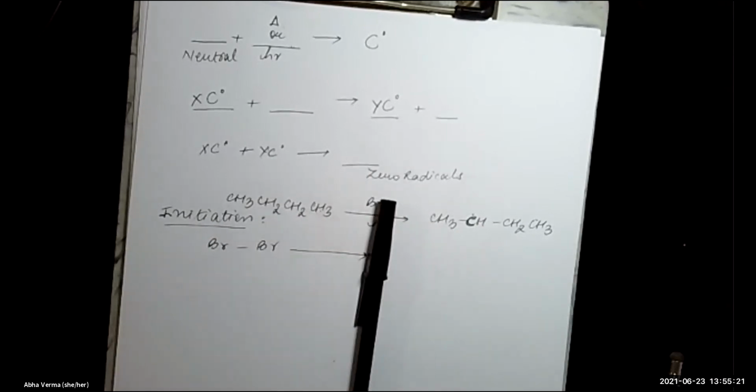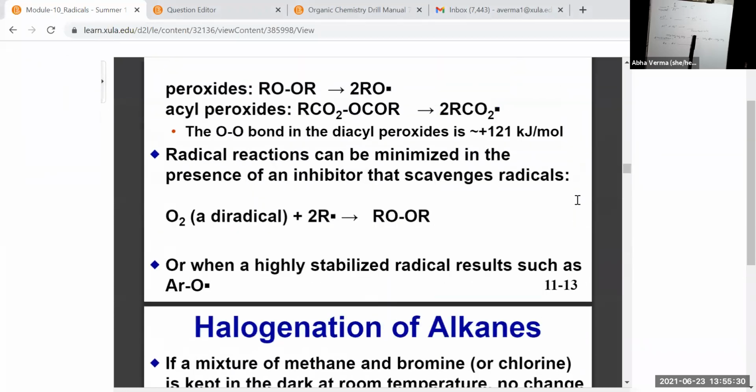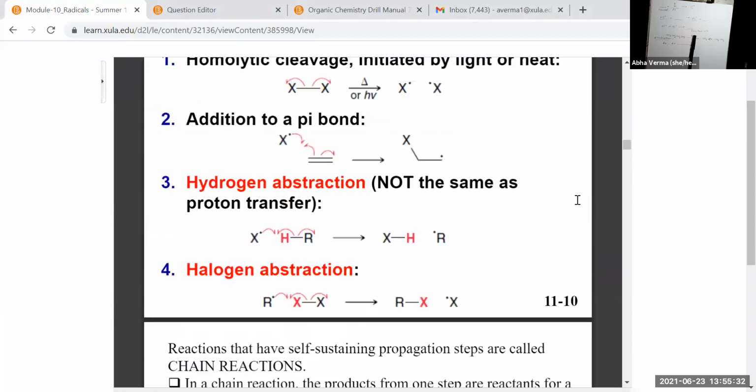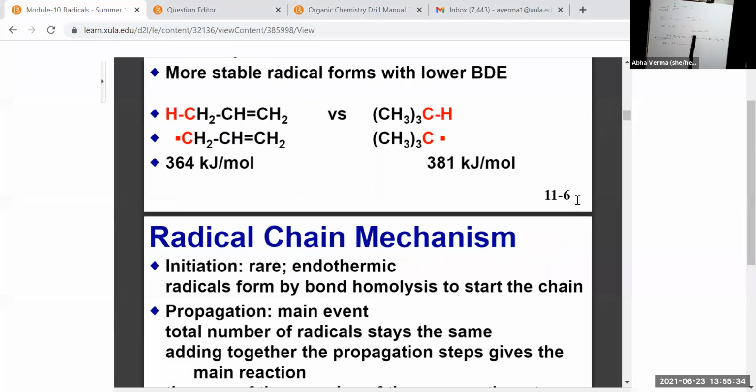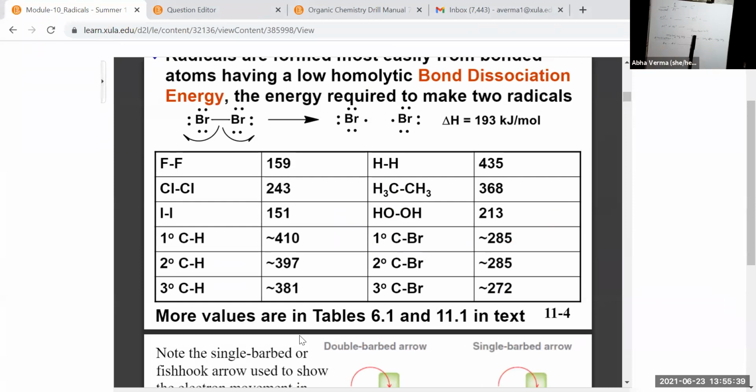At this point, I want to show you why I'm breaking the bromine and not just any bond. If we go back up here, how much energy is required to break a secondary hydrogen bond? If you look at this text, a secondary carbon-hydrogen bond needs 397 kilojoules per mole of energy, whereas bromine needs 193.